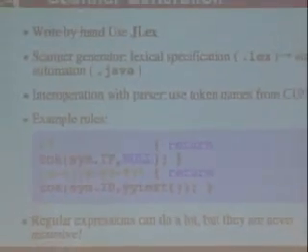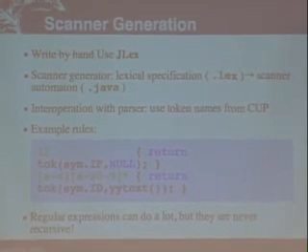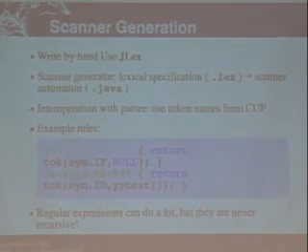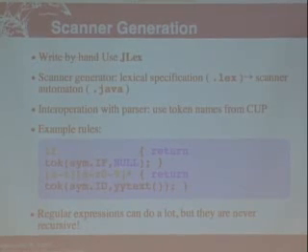So how do we write scanners? Writing scanners by hand is not fun. Has anyone here tried writing one of these by hand, maybe in high school or something? Like tried to parse a text file? Yeah, so did you have fun? No?